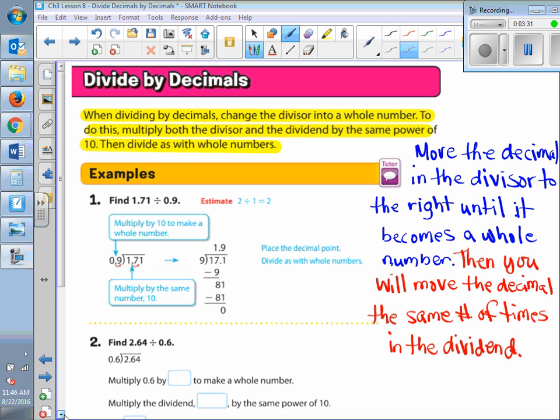And then, to place your decimal in your answer, you just bring it straight up. Okay? So when you bring that decimal straight up, it's going to go right there in your answer. You got it? And then once you bring it straight up, then you will divide like normal.